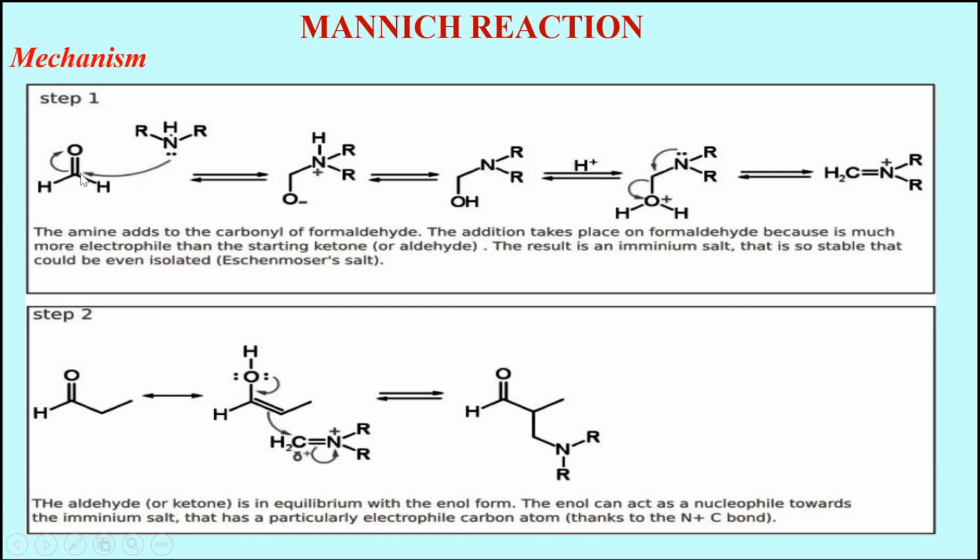As the electrons are given to carbon, nitrogen gains positivity. And electrons are gained by oxygen, that's why it becomes electron rich, O minus. This O minus combines with H plus in the reaction medium and becomes OH. When I treat this with an acid, the protonation of this oxygen takes place. The lone pair of electrons in the oxygen combines with H plus, and once these electrons are shared with H, the oxygen becomes deficient in electrons.